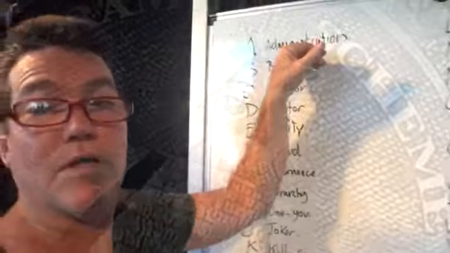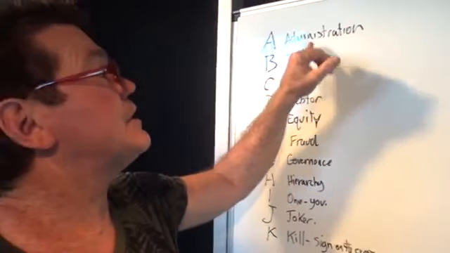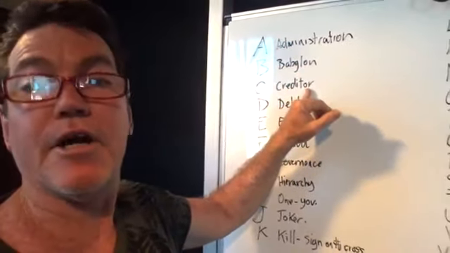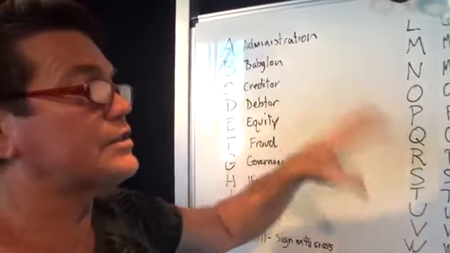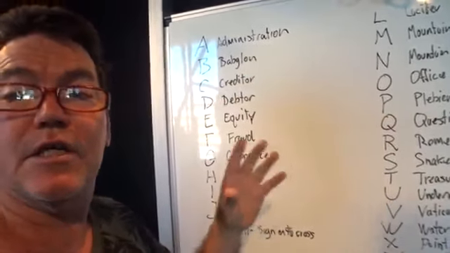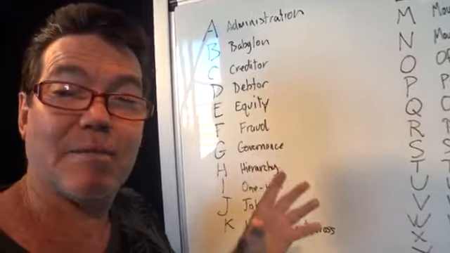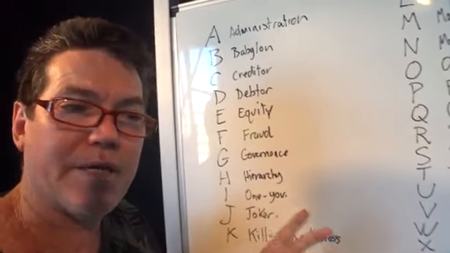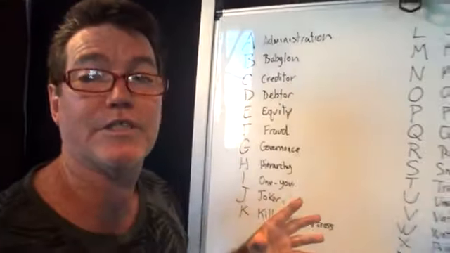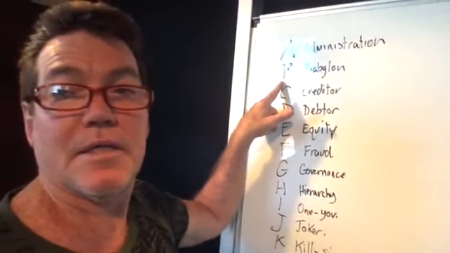A. Now, what I'm also doing is, if you keep this in mind as you're going through, then we can use this code to work out the meanings of some of the words that they're actually using, and it's quite surprising. B. Babylon.